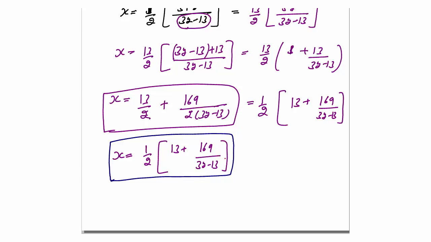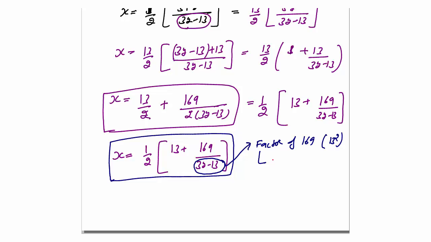Now we know that x and y are positive integers. So first of all, this 3y minus 13 must completely divide 169, or you can say that 3y minus 13 must be a factor of 169. Now 169 is equal to 13 square. So how many factors does it have?